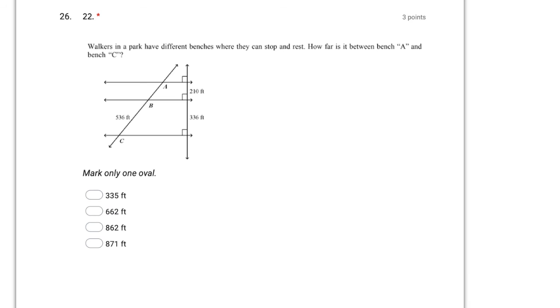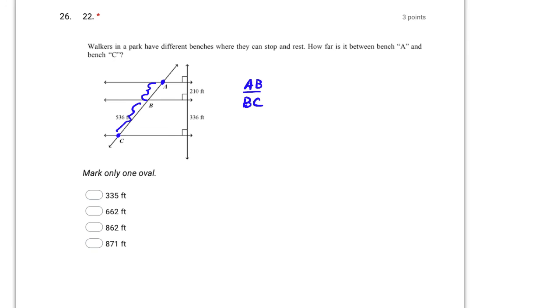Walkers in the park had different benches where they can stop and rest. How far is it between bench A, which is right there, and bench C, which is right there? So what we're going to do is figure out this distance, AB, by setting up some ratios. We're just going to go AB, the top part, to BC, the bottom part.